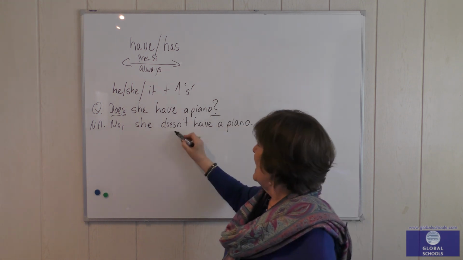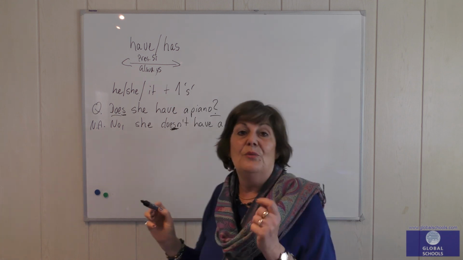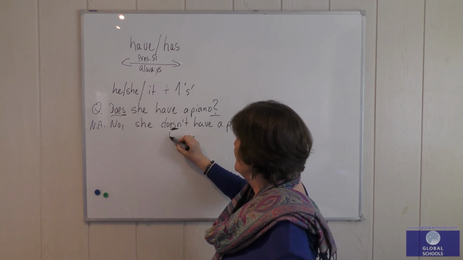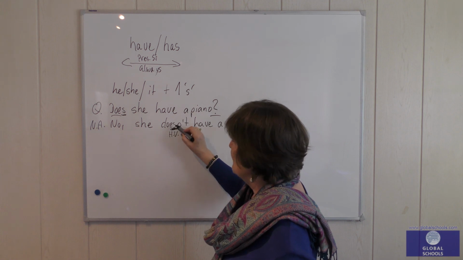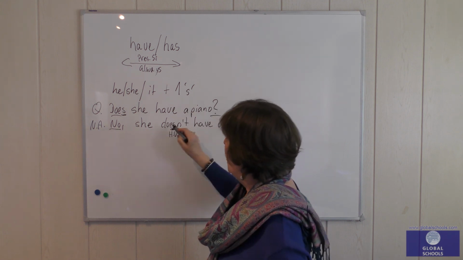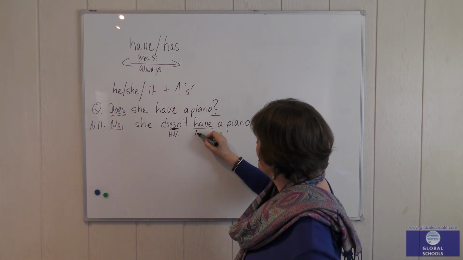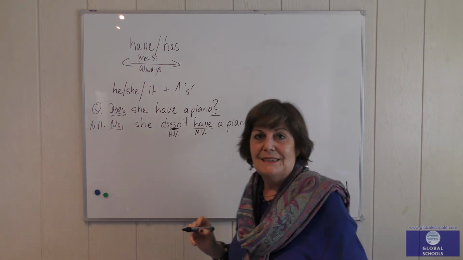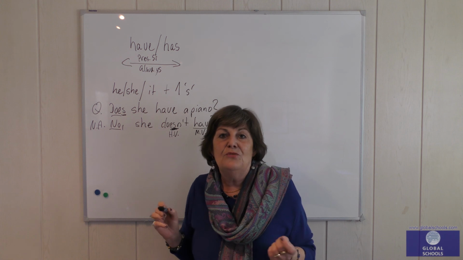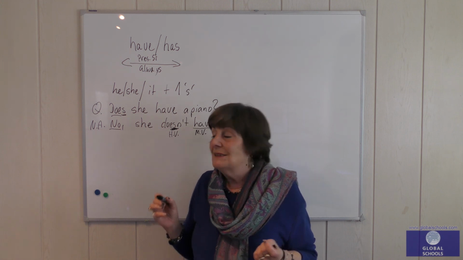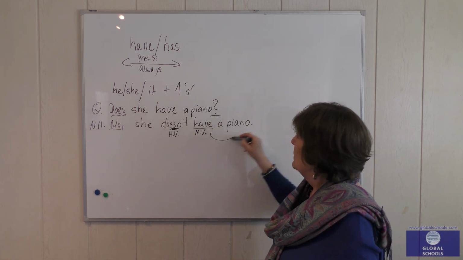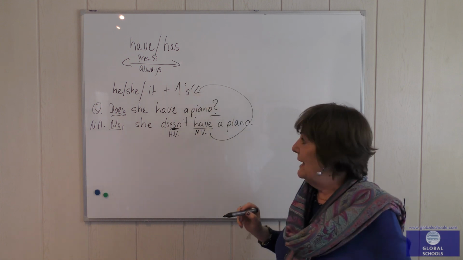You see, our S here is on the real negative, on the helping verb. Helping verbs show negative, or they show the question, and you see here, the major verb is again infinitive. So you see, only one S at a time.